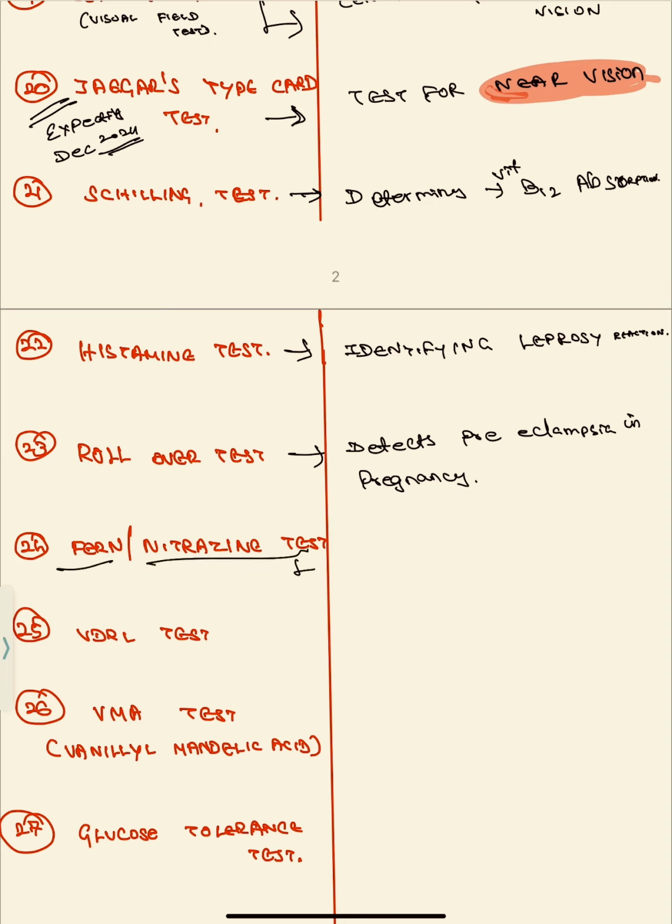Fern or nitrazine test. Now this is the most common word I was hearing in these years. I think this was a PYQ, July 6. Fern or nitrazine test. It's a test for leakage of amniotic fluid. There will be a mnemonic. Fern leaves, amniotic leaks.